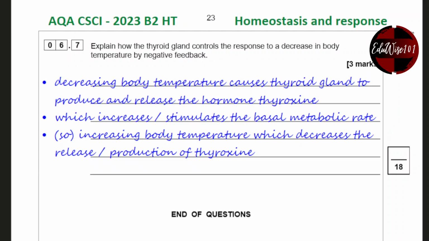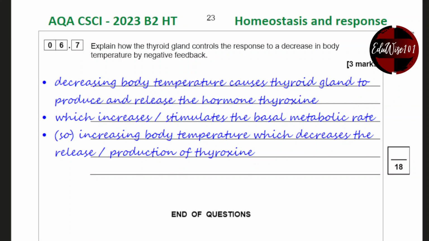A decreasing body temperature causes the thyroid gland to produce and release the hormone thyroxine, which increases or stimulates the basal metabolic rate. What does that mean? It helps to increase how fast the metabolic rate or chemical reactions are taking place in your body.